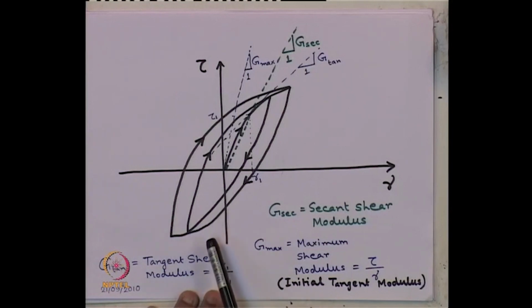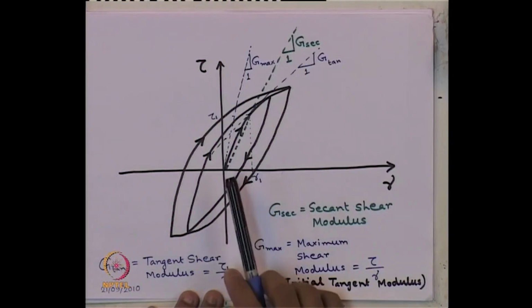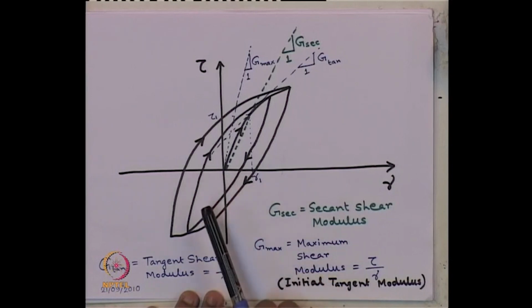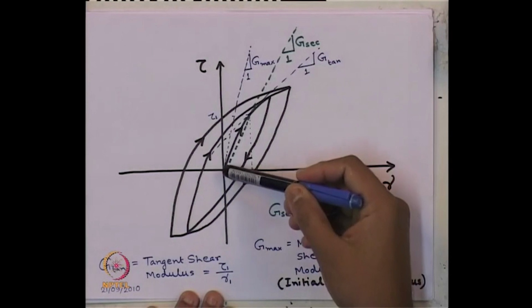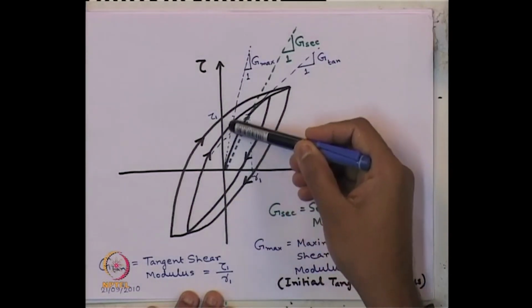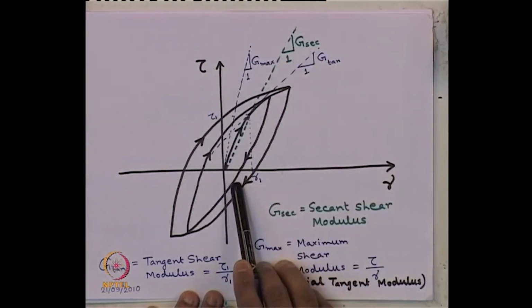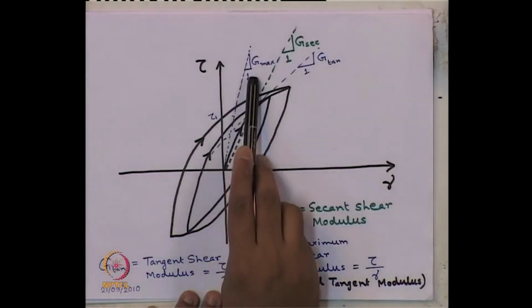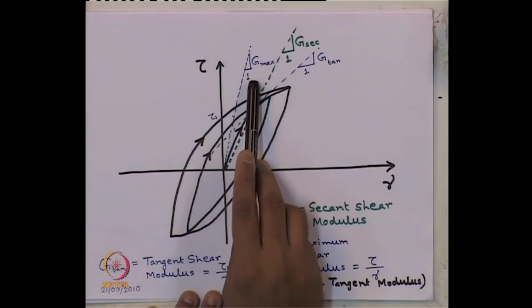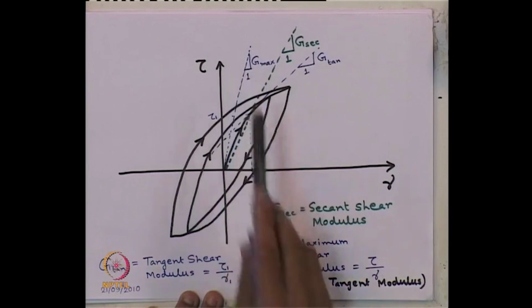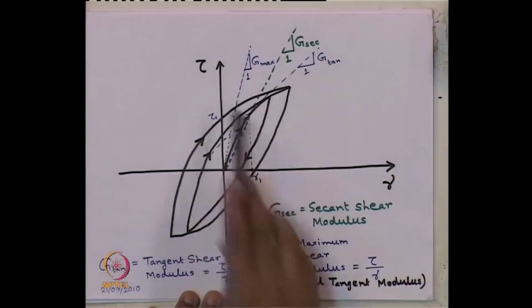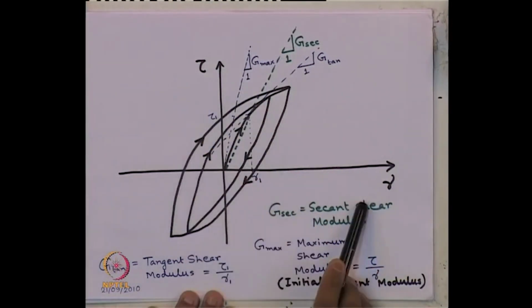Now, from this we have identified that the slope of the curve is not a constant value, but it is changing. And we have learned that if we draw a tangent at the initial portion of the curve, that is called Gmax. G is nothing but the shear modulus, which is given by tau by gamma, shear stress by shear strain.